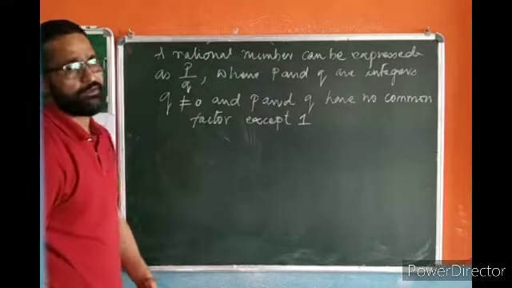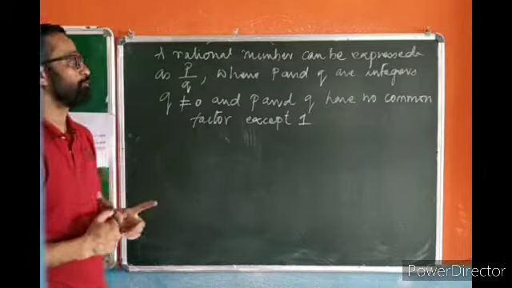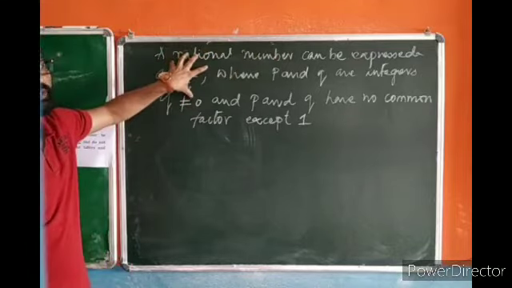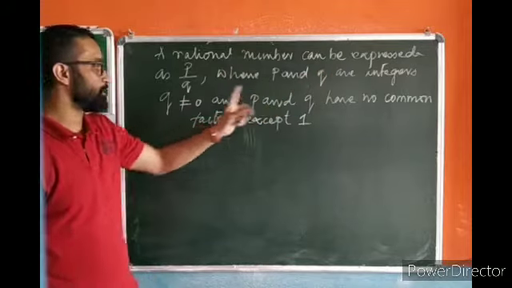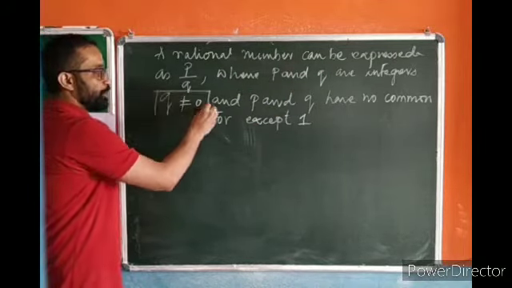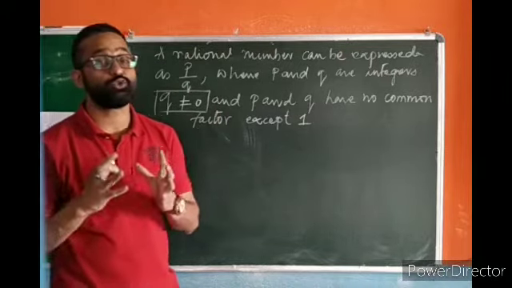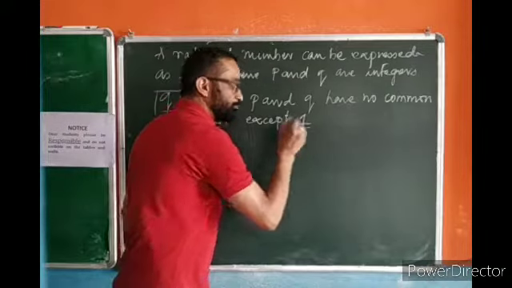This is the important definition of a rational number. Important condition one: Q should not be equal to 0. And the second important condition: they should not have a common factor except 1.